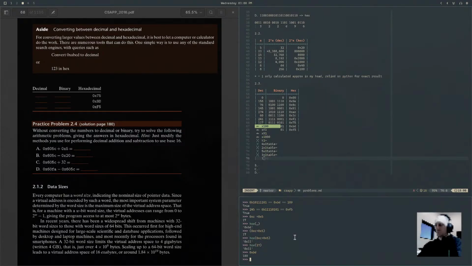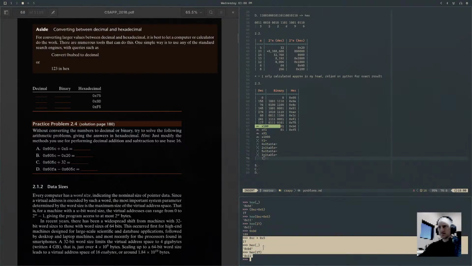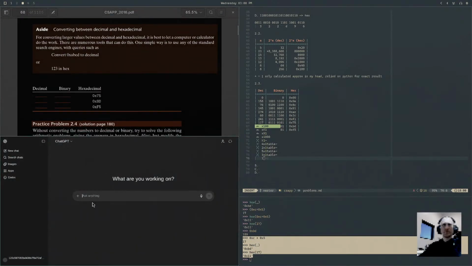Let's try it again. 0xc plus 0x5, hex of underscore. I've never seen that before.